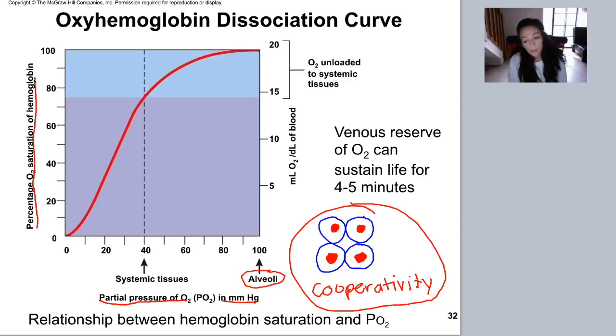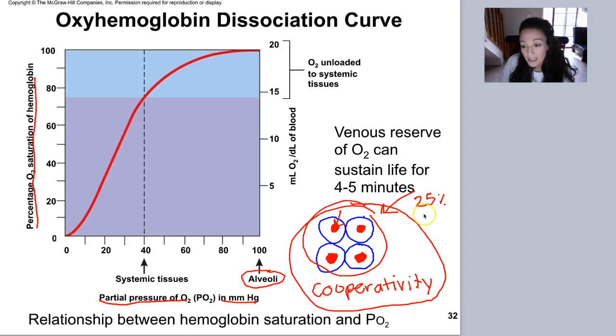Okay, so what that means is, if we look over here at our hemoglobin molecule, let's say we have a 25% saturation of hemoglobin with oxygen. This means 25%, right? It's like 1 out of 4. This means only 1 of the 4 subunits in the hemoglobin molecule is binding oxygen. So maybe we only have oxygen here.